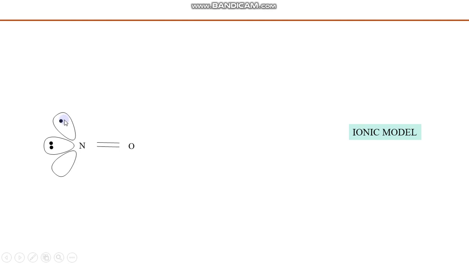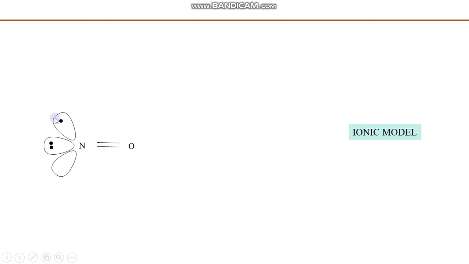On the other hand, nitrosyl can get rid of this electron. This electron can be donated easily, and whenever it is donated, nitrosyl will have this empty orbital. So there are both possibilities.